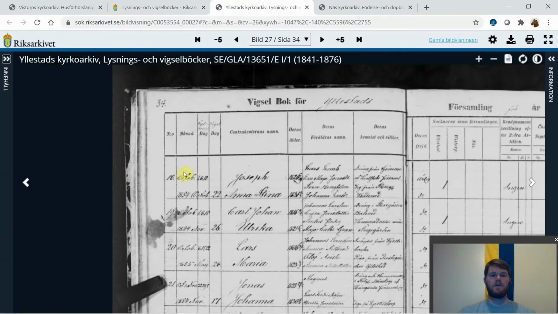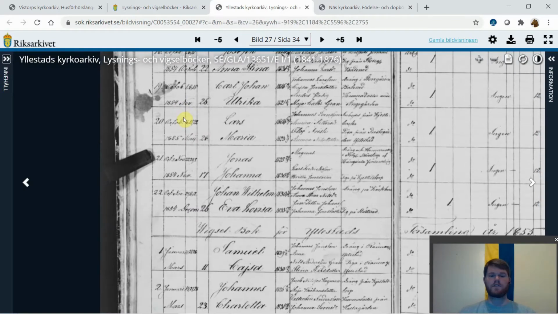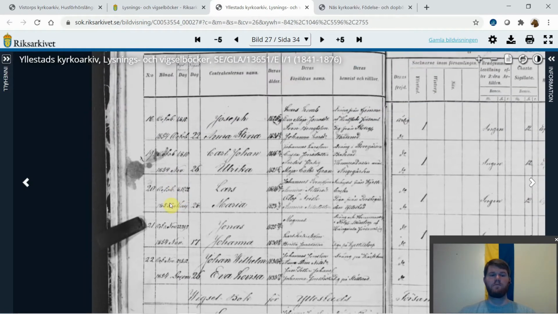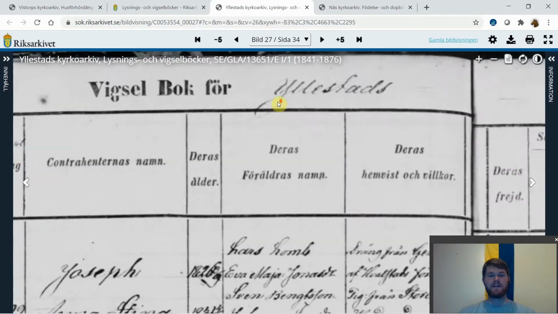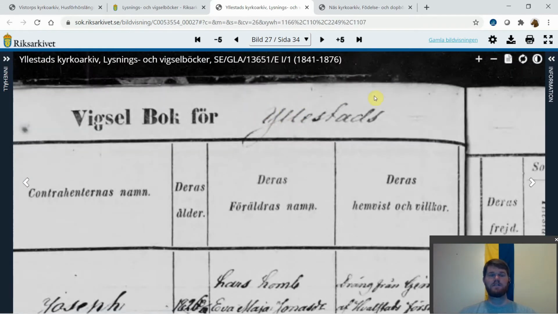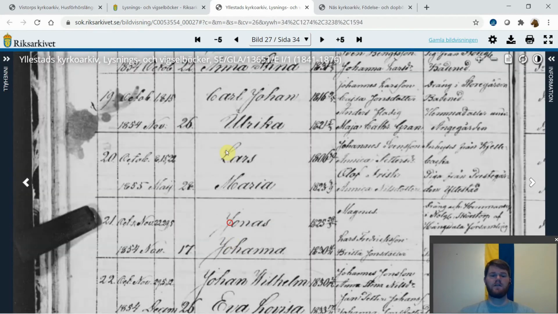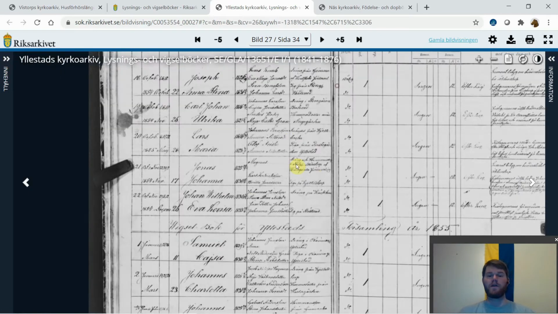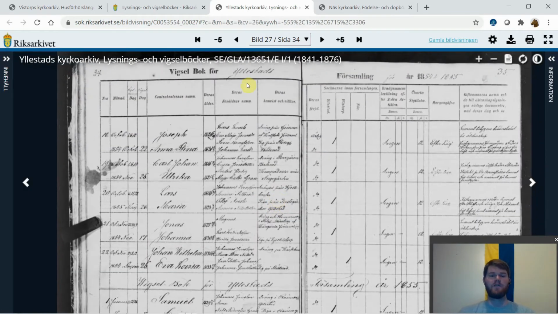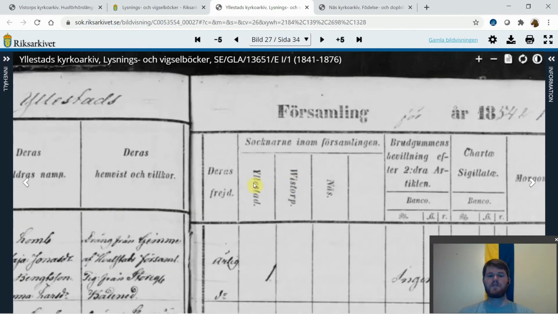Now, this is an interesting one because even though it says that it's for this parish right here, Ilstad, we'll be able to find them in this parish. This is an example that I had used previously in the birth video, but right here it's showing where they got married.